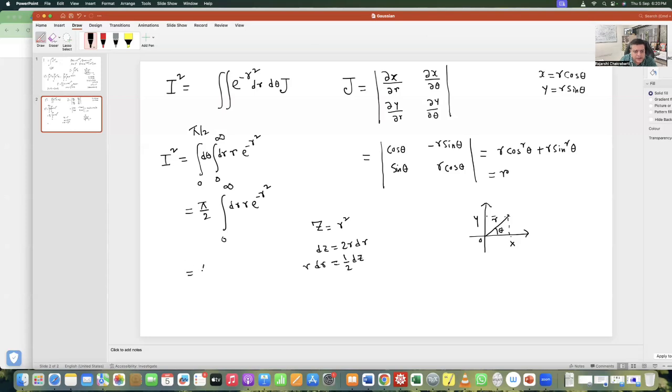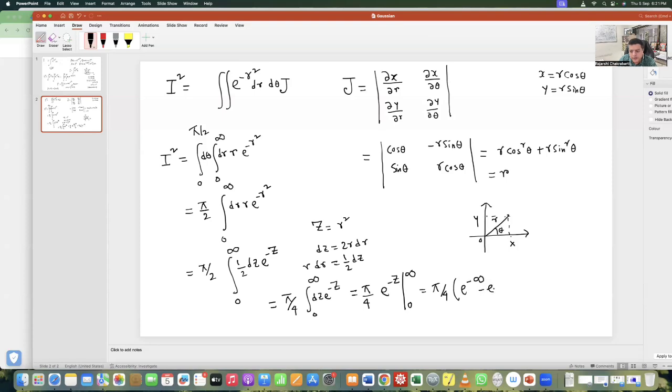So this integration has now become pi by 2 times half of dz exponential of minus z, and the integration limits are again 0 to infinity. So this is nothing but pi by 4 times this integral. And everybody can evaluate this integral of the exponential function. This is pi by 4 times exponential of minus z, putting the limits 0 and infinity. This is pi by 4 times exponential of minus infinity minus exponential of 0.